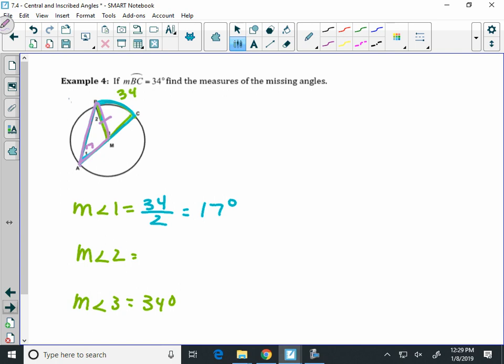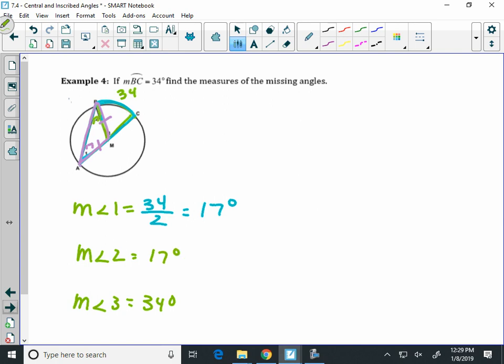So if these two sides are the same in that triangle, it makes us what type of triangle? It's an isosceles triangle. What do we know about the angles? If these two sides are the same, what do we know about the angles across from them? They're what? The same. So if 1 is 17, what's 2? 17. That's one way of getting that answer.